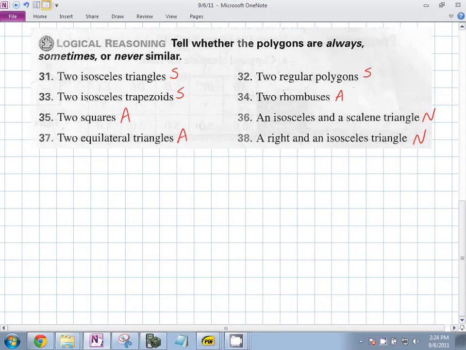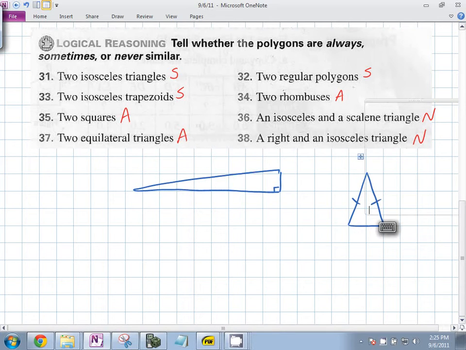So, for example, here's a right triangle. Here's an isosceles and a right triangle. Actually, an isosceles triangle is any triangle with two congruent sides. So here's an isosceles triangle. Do they have to be congruent? Can they be? Yeah, they can be.